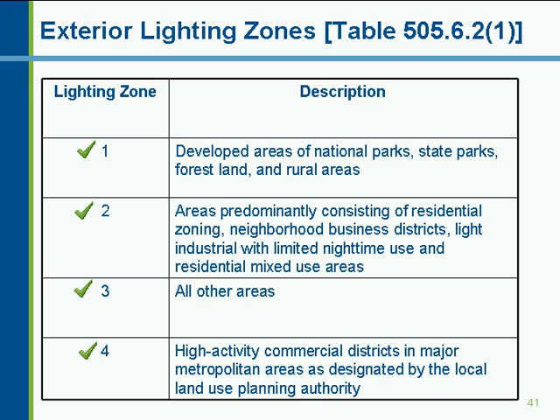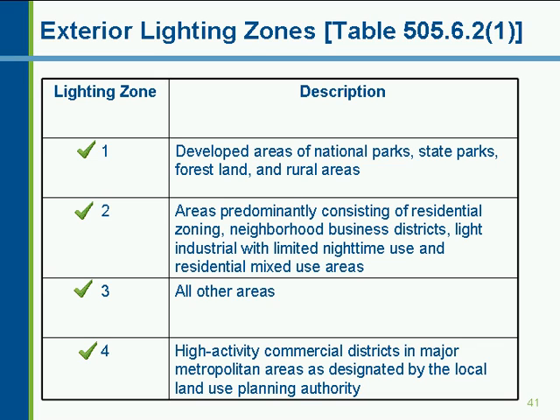These are typically going to be located in major metropolitan areas, inner cities, etc., with a lot of exterior lighting to begin with, and so the lighting needs are going to be higher. This area, because it is the top of the scale, would typically be designated by your local land use planning authority. If they agree that you're in Zone 4, then you can use that allowance.